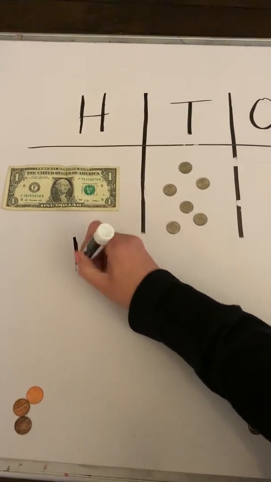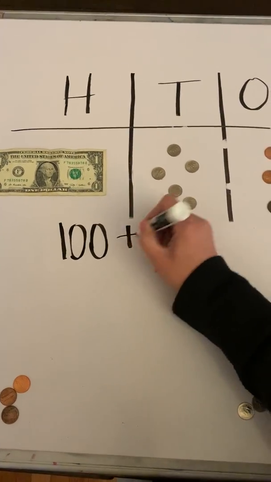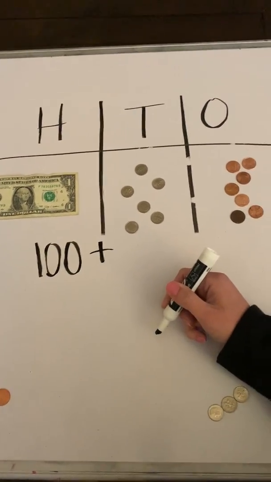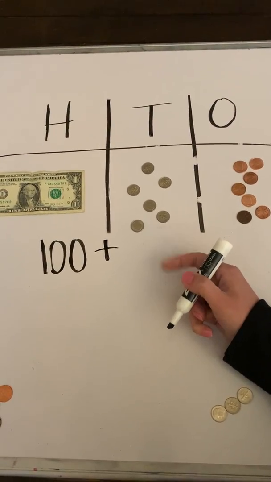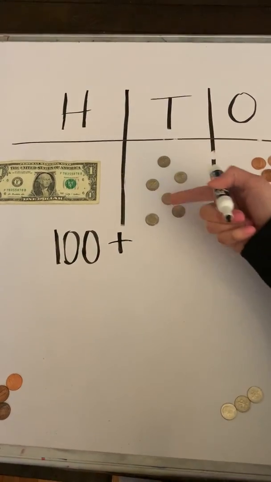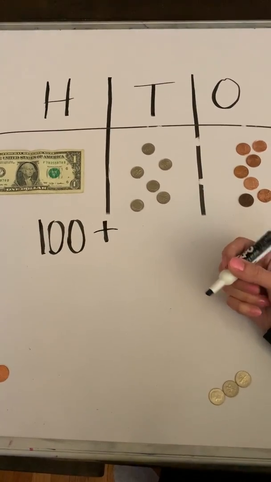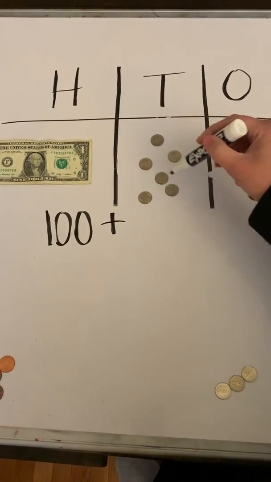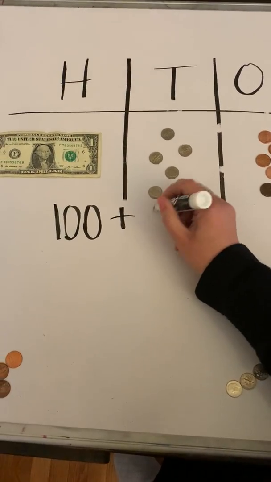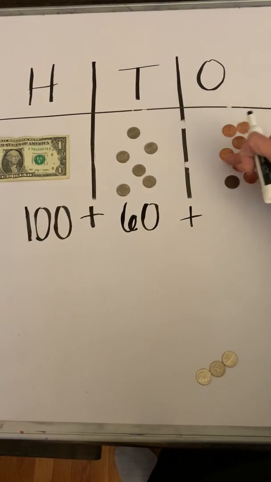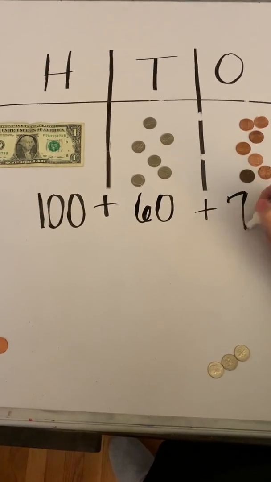I would have wrote 100 because there's only 100 there. How many tens? 1, 2, 3, 4, 5, 6 tens, which I know I have to count dimes by 10. 10, 20, 30, 40, 50, 60, plus 2, 3, 4, 5, 6, 7 ones.